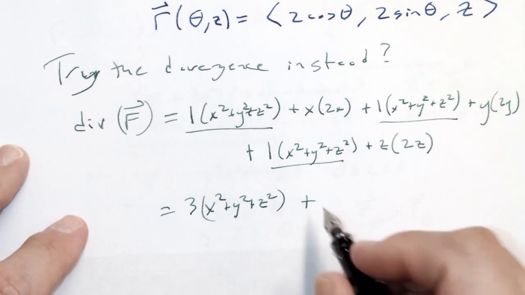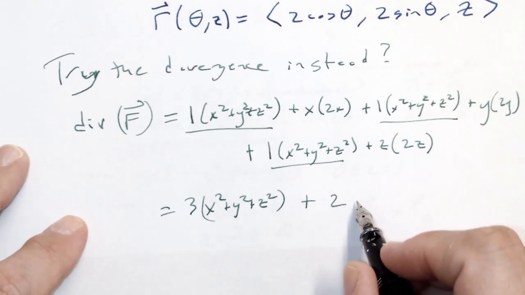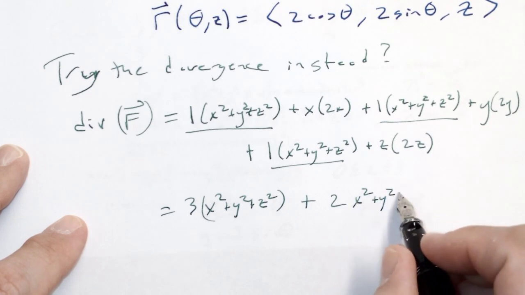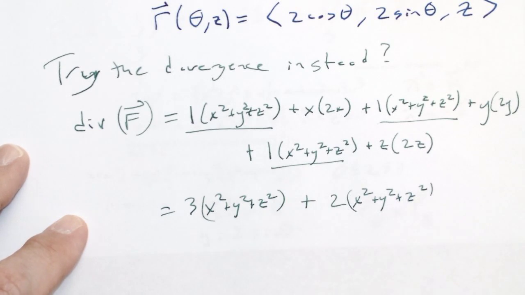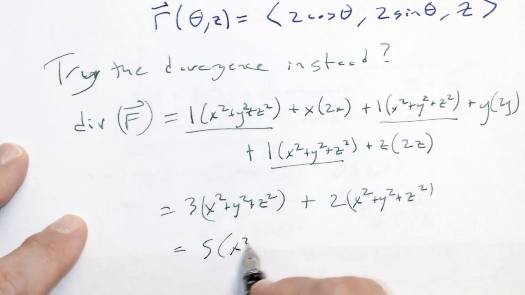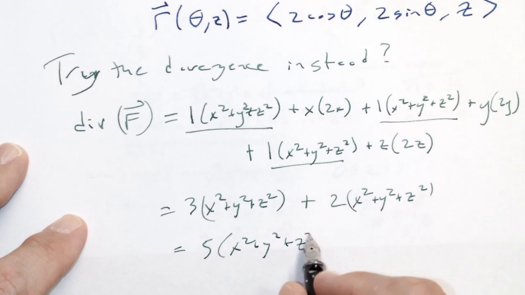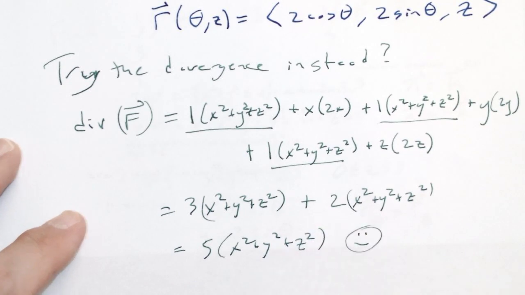In parentheses, x squared plus y squared plus z squared times 2x squared, 2y squared, 2z squared. But wait a minute, that's just 5 times x squared plus y squared plus z squared. That actually does look a little nicer.